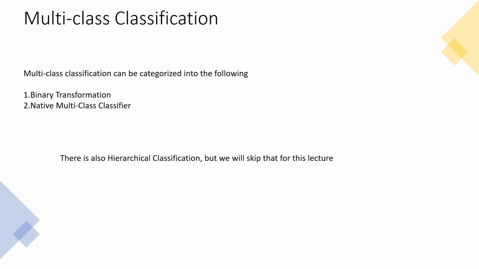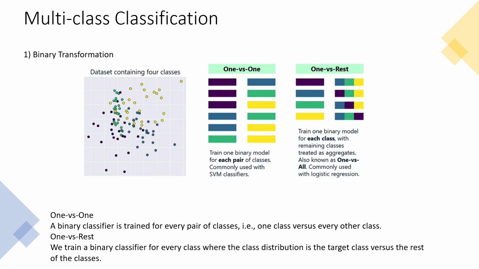And there are two strategies to do that. We have binary transformation, which means we use a binary classifier, but we use it with a different strategy, or we use native multi-class classifiers. These are two different strategies. What I mean by binary transformation: assume that you have 4 or 5 classes, right?